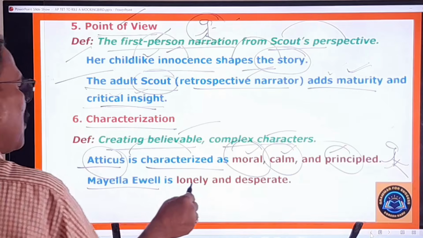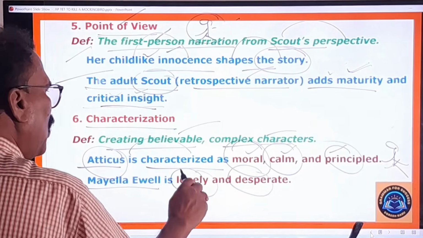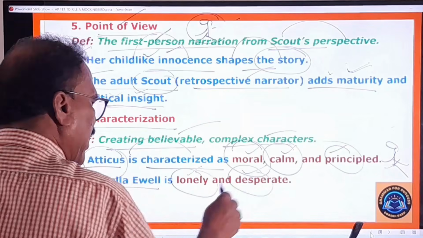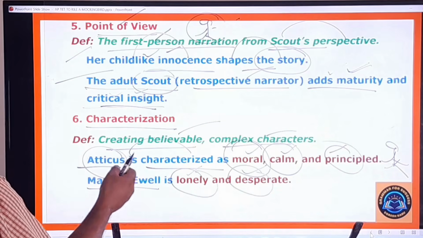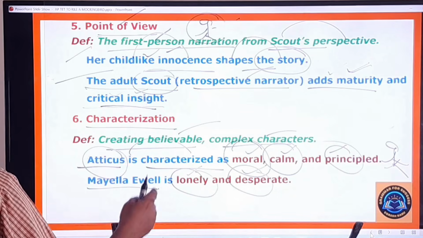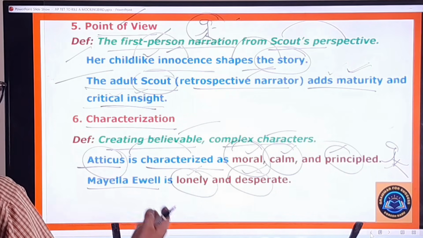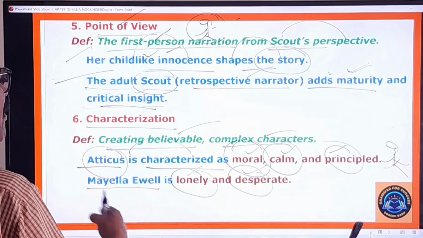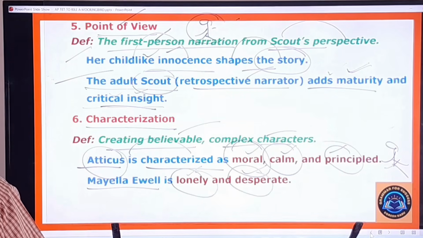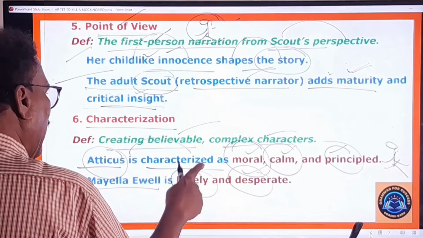This girl is lonely and desperate, and she was characterized as a lonely or desperate person because she loved Tom Robinson, but her father became a big stumbling block on her way to proceed further with Tom Robinson. That's why she has been characterized as lonely and desperate.